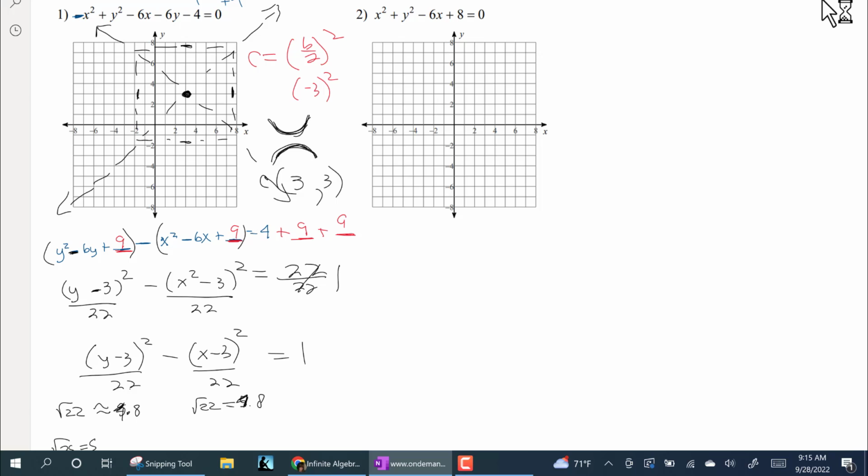Okay, and I'm going to do the hyperbola. So then what you do on the rectangle or square, since we're going up and down, that point right there and that point right there are the vertices. And then you follow the arrows of the diagonals just like that.